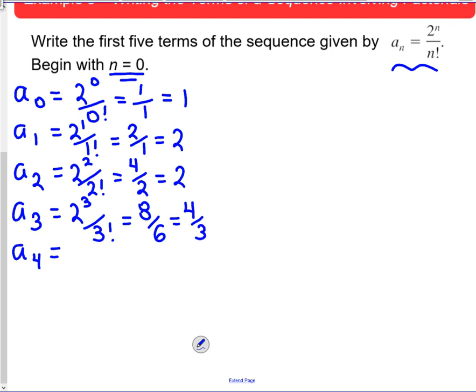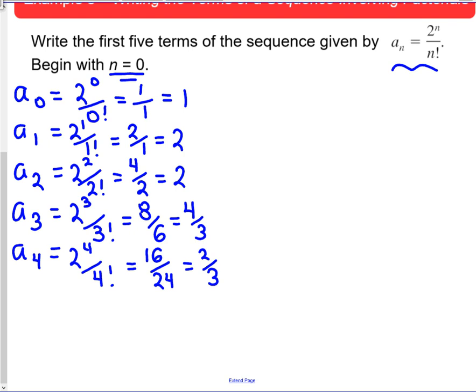And a sub 4, so replacing every n with a 4, we get 2 to the 4th over 4 factorial. 2 to the 4th is 16. 4 factorial, 4 times 3 times 2 times 1 should give us 24. And 16 over 24, they both divide by 8, so we get 2/3 out of that. And that should take care of what we need to calculate for that problem.